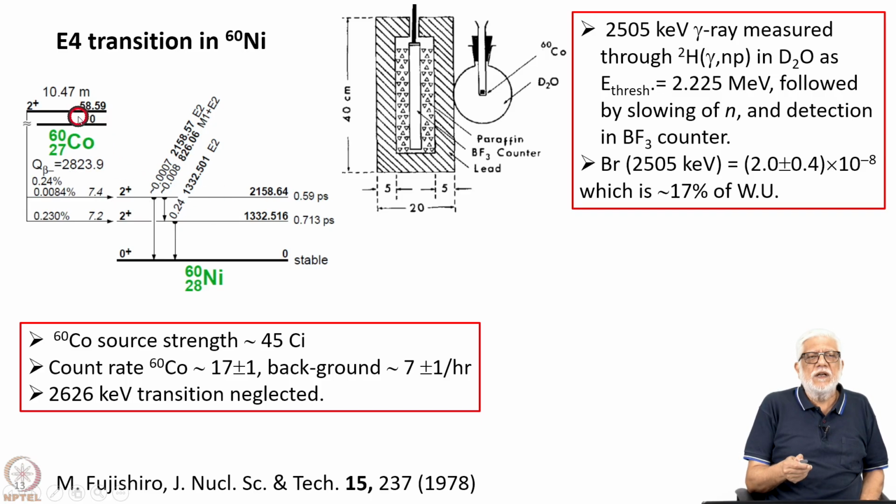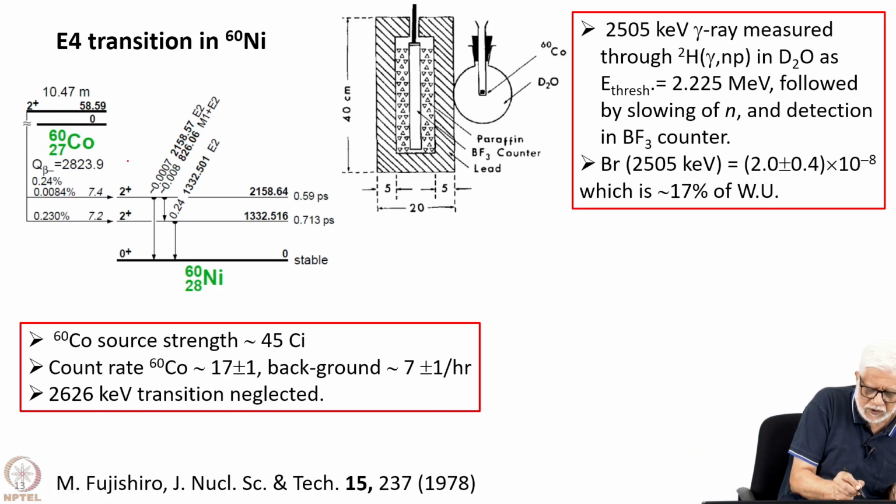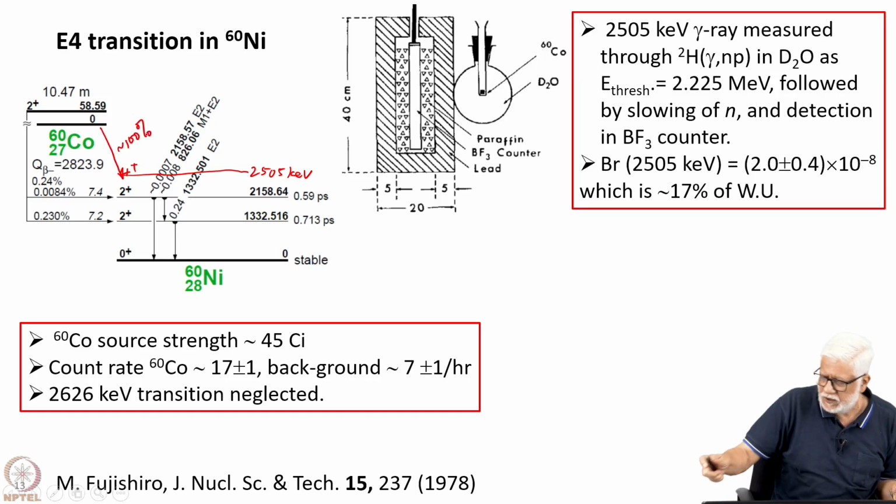The ground state decays to the 4 plus state, which is at about 2505 keV. Maybe I should write it down here. So there is a state here at 2505 keV, and this is the 4 plus state, and the ground state actually decays almost 100% to that state.